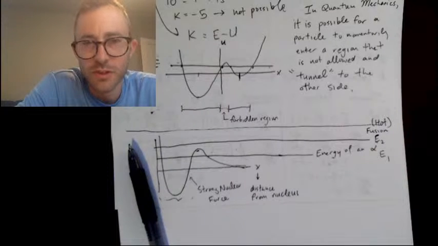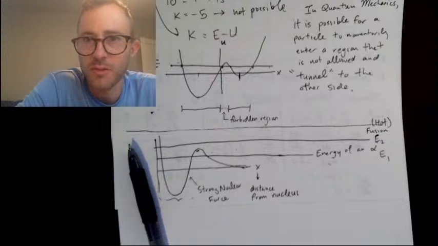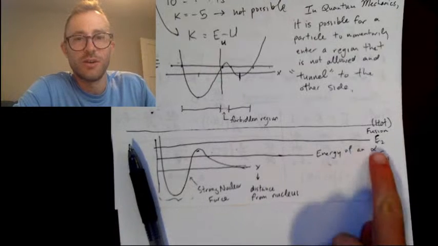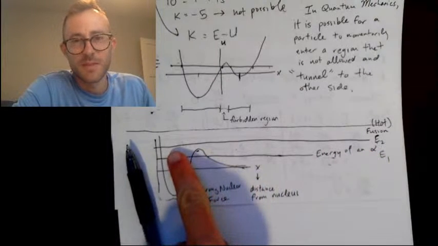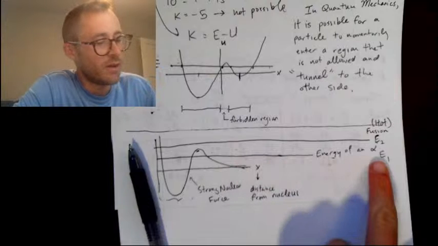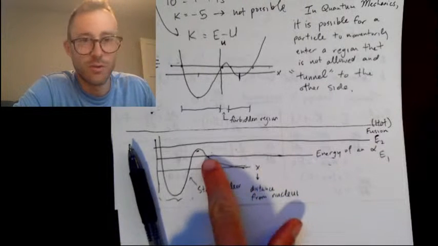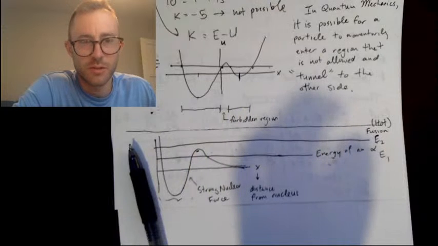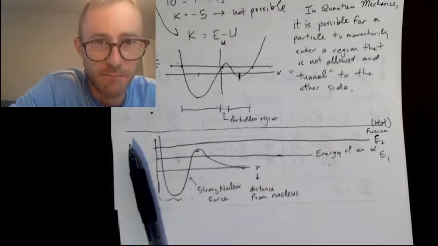It doesn't really seem that it would be possible. It doesn't seem to have a theoretical foundation at this point, because you need to get over that hump. Of course, there is a tiny probability that the alpha particle could tunnel through this and fuse, but that's a low probability.